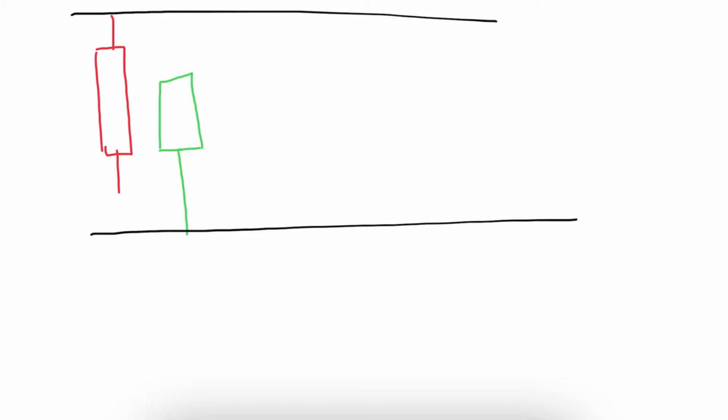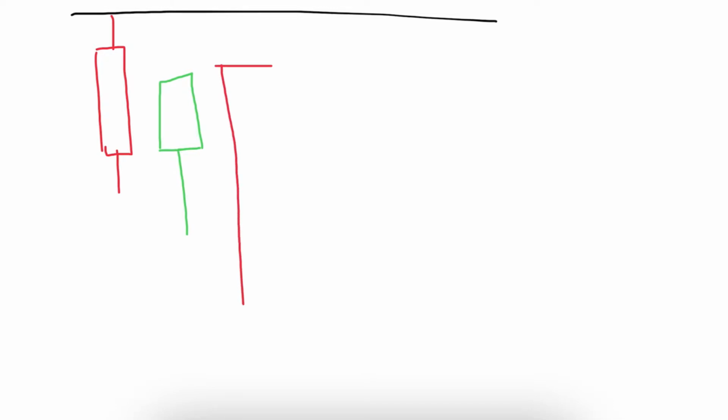Okay, so now the second candle has closed over here, so the third candle would begin somewhere over there only. So the third candle opens over here, goes down and closes as a big red candle. Okay, so now as you can see, again the opening range got extended on the lower side.